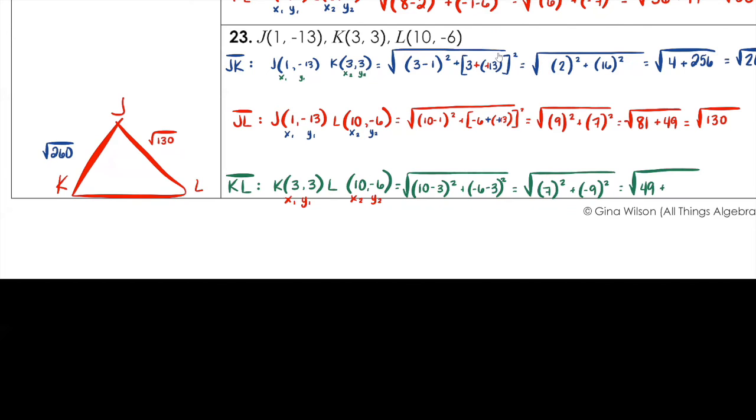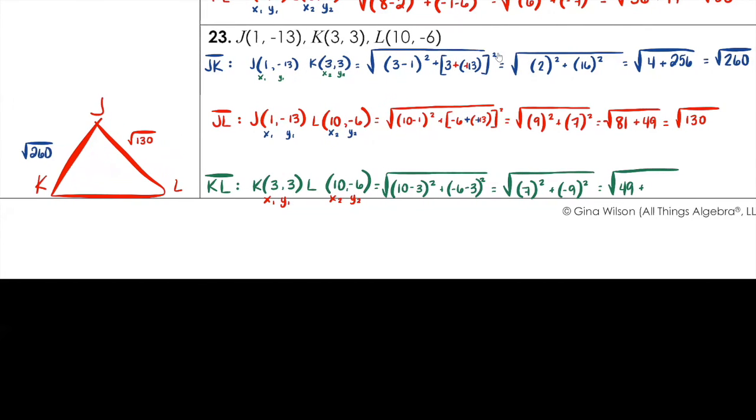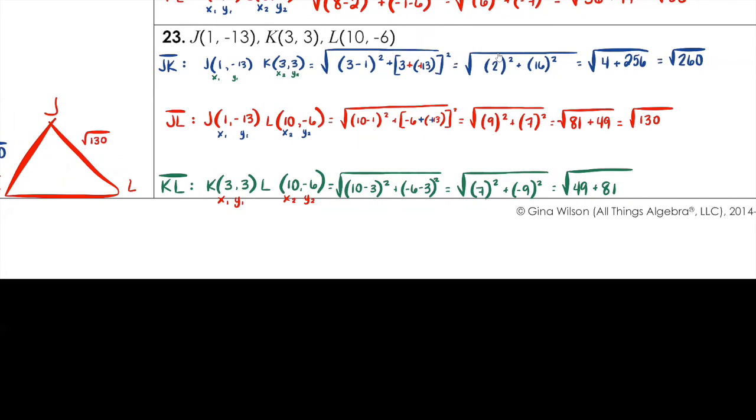Negative 9 squared? 81. Anytime you square a negative number, it becomes positive. Negative 6 minus 3: signs are the same, so we add them and keep the signs. And then 49 plus 81? 130.